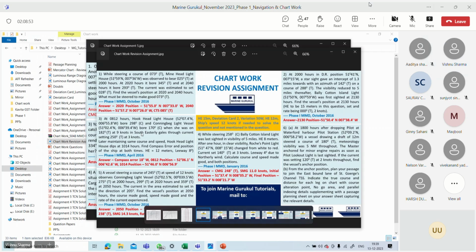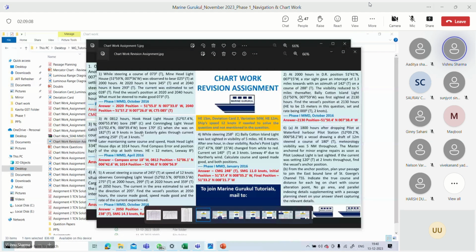नहीं तो what is hook, the 10-14 पे what are you getting? Circle. 10-14 पे you're getting a position circle, correct? Yes sir.